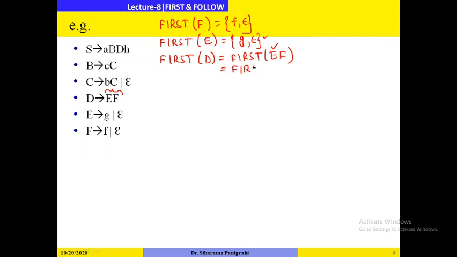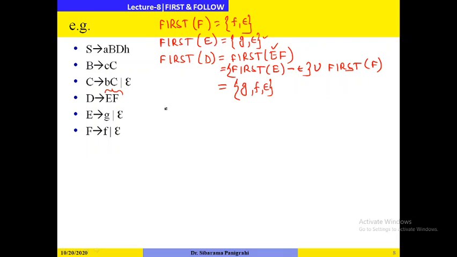You will do first of E minus epsilon union first of F. First of E minus epsilon you will get G over here. First of F is F and epsilon. So you will get G, F, epsilon.